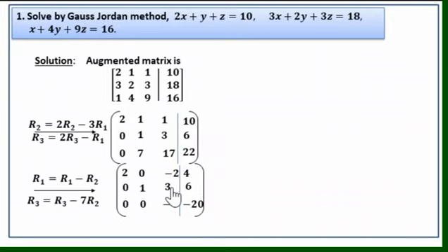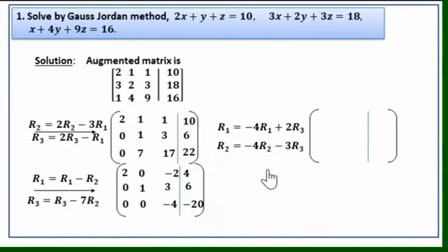And for the second row we apply the row operation minus 4R2 minus 3 times R3. So no changes in the third row.